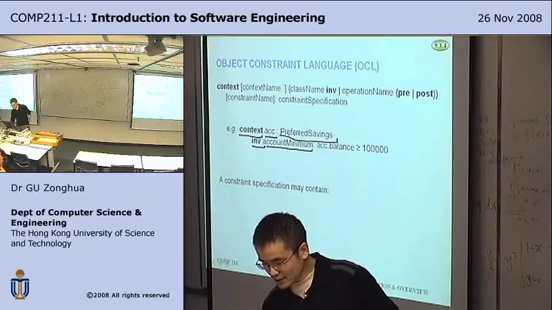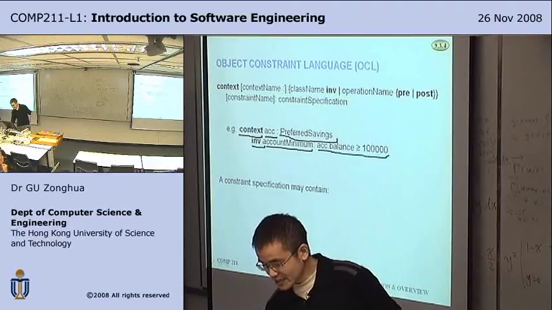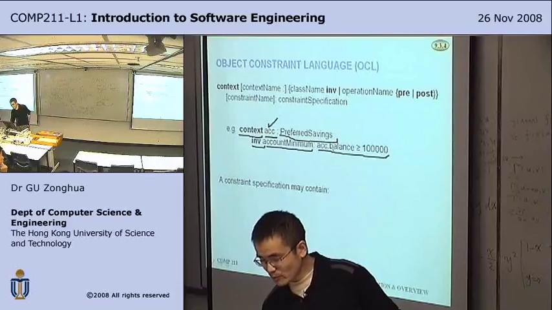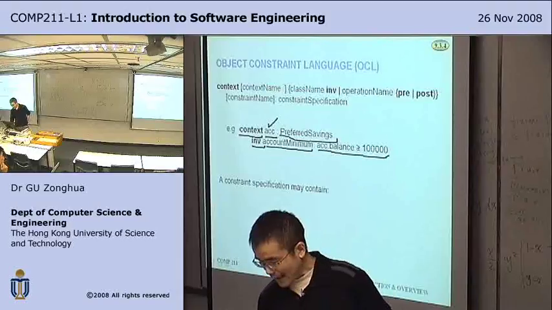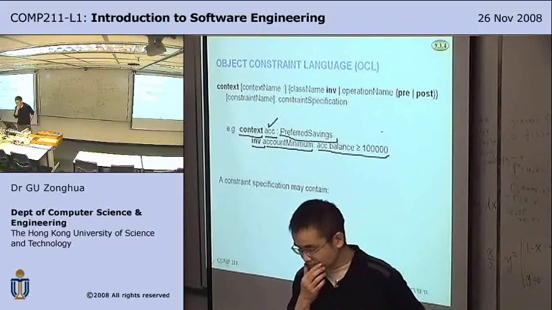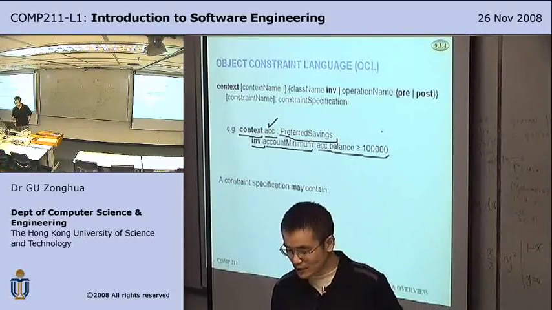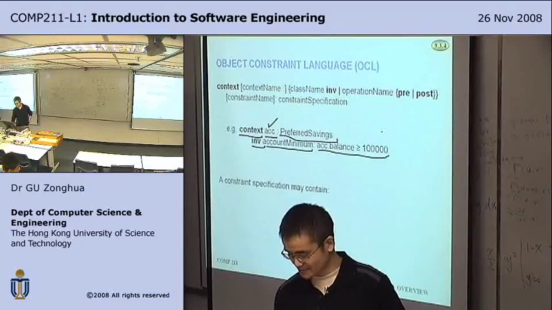This is the invariant name, the constraint name, and this is the actual constraint. This says acc, which is the object name referred in the context, dot balance. Balance is the attribute within the account object, greater than or equal to 100,000. So this is the more formal way of stating the same requirement as the informal note in the previous slide.